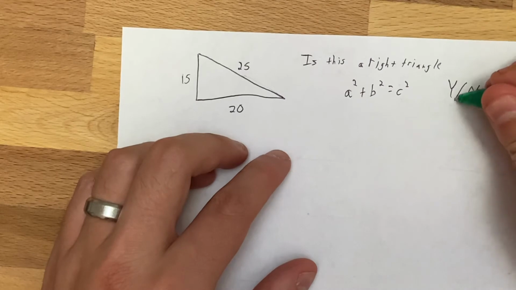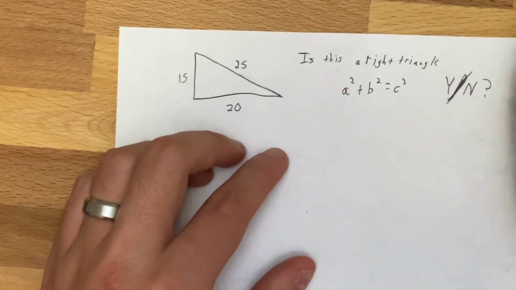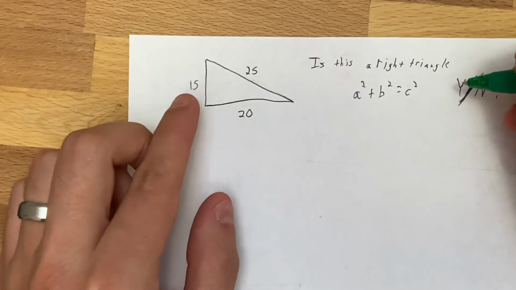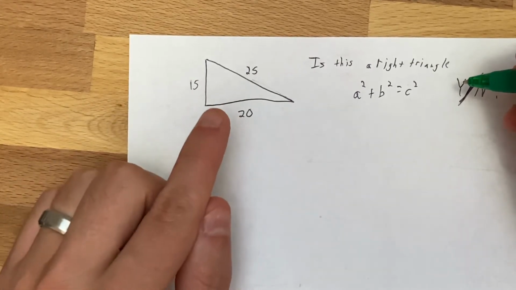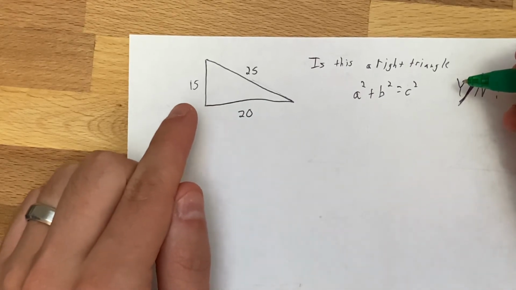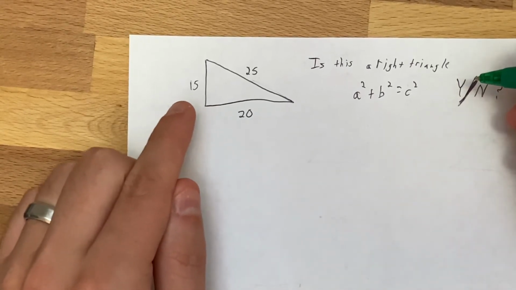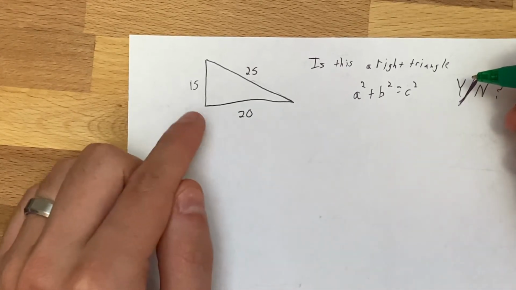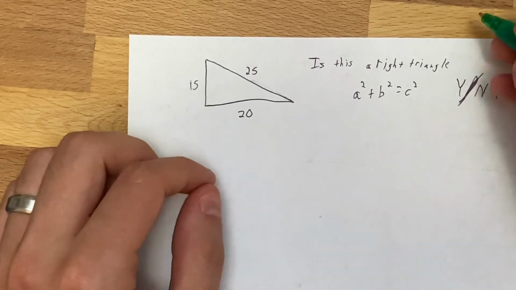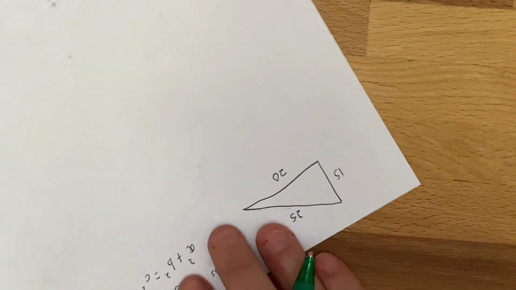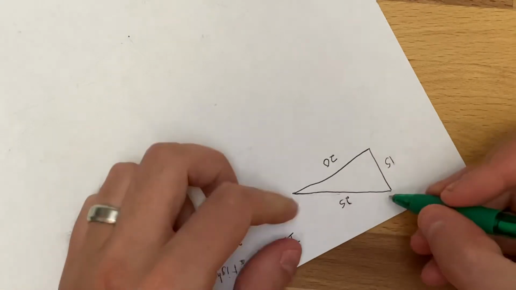I don't think I said this yet, but it should make sense after I say it. When you have a right triangle, the hypotenuse has to be the longest side. So keep that in mind. There's kind of a visual way to prove it. The way I think about it is, let's pretend that this was the roof of a house.